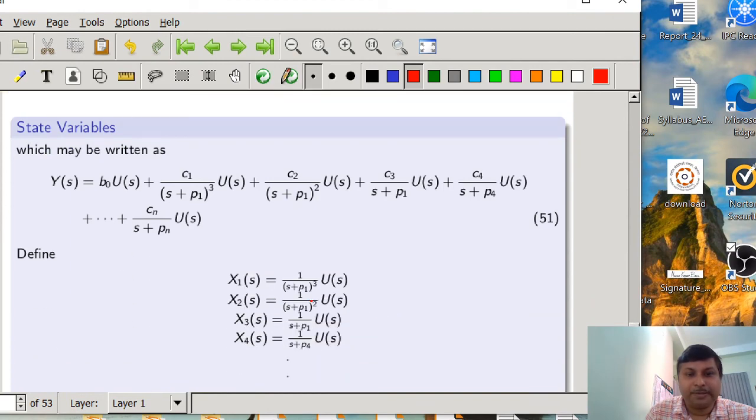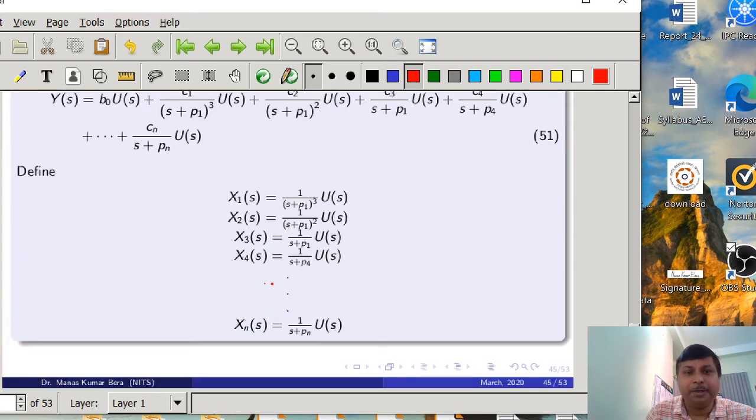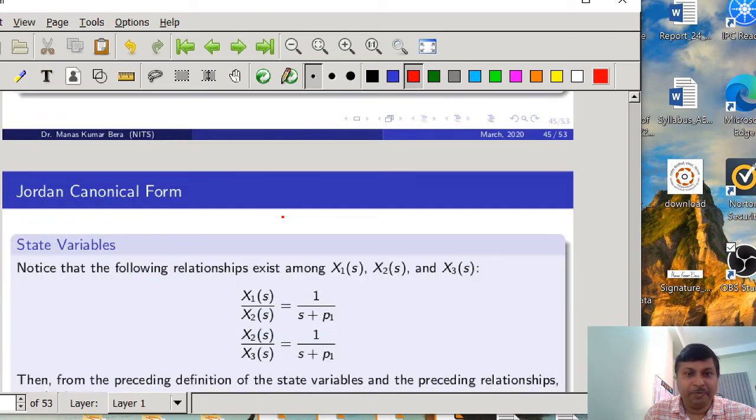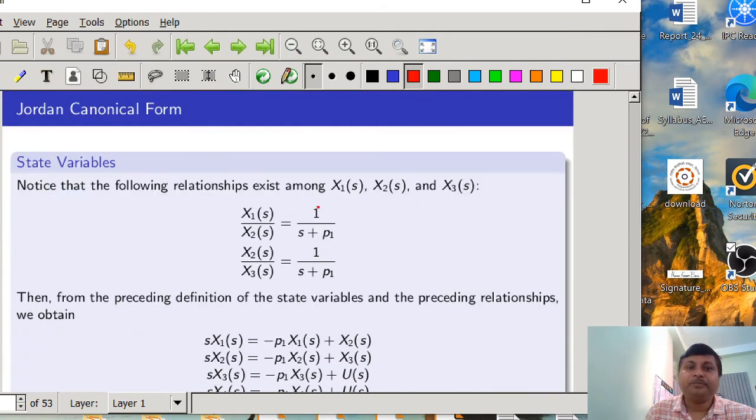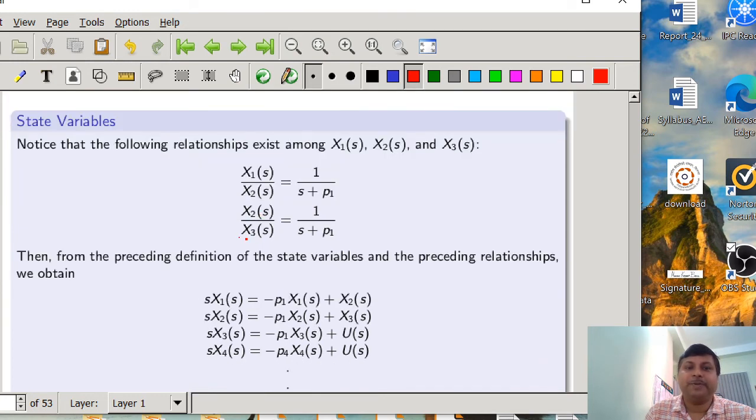Similarly X2(s) is equal to 1 by (s plus p1) square U(s), and X3(s) is equal to 1 by (s plus p1) U(s), and all other terms will be simple because they do not have any multiplicity in the pole locations. Now to get rid of this cube and square term, we will find X1 by X2, and we will find that we finally get 1 by (s plus p1), and similarly X2(s) by X3(s) we will get 1 by (s plus p1).